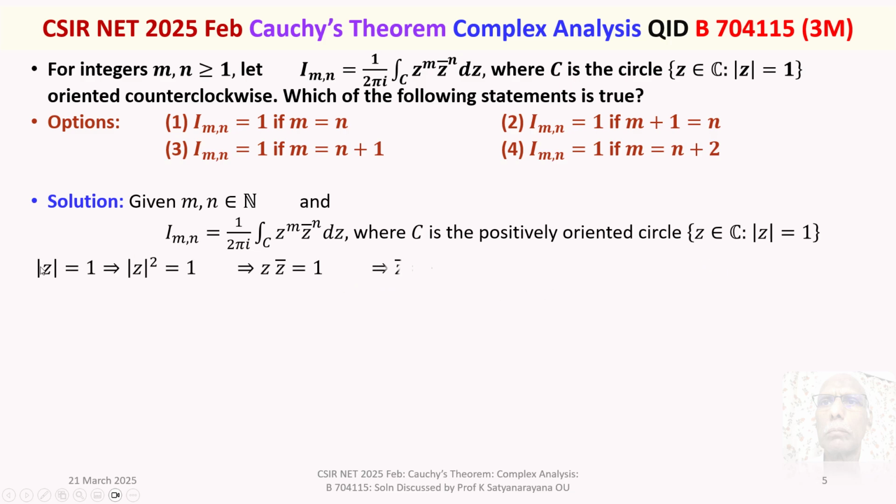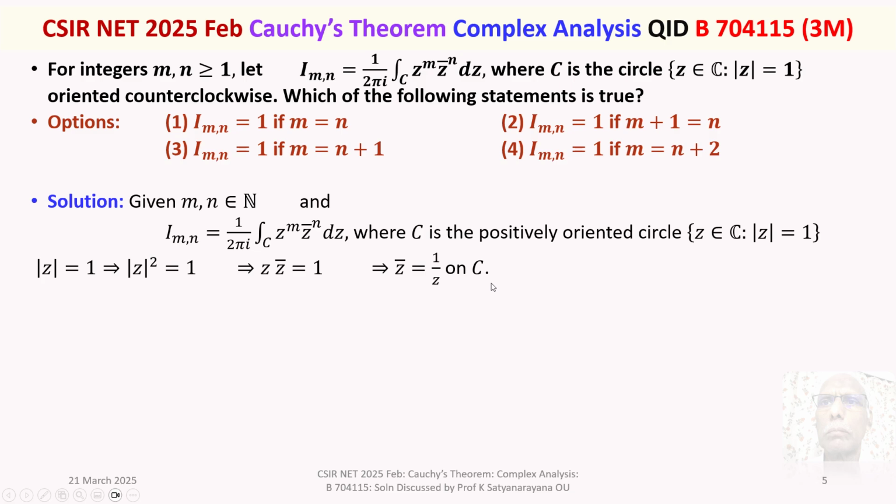On C, |z| = 1, it implies |z|^2 = 1. |z|^2 is z z bar, which is equal to 1. Therefore, z bar is equal to 1/z on C.